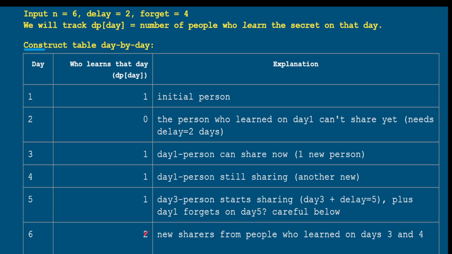Then at day 6 he has already shared with another person, and that person is also sharing. It means how many people learn here? 2 people learn, the one who learned on day 1 and another who learned here. Both will start sharing. So at day 3 and day 4, those who learned can start sharing. Okay, so here the dp is 2.